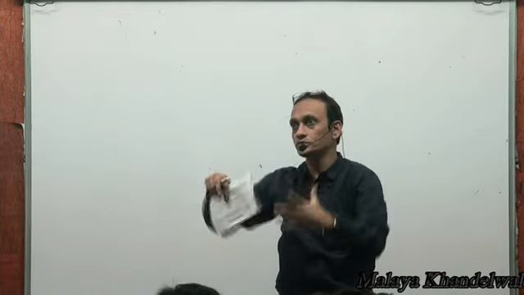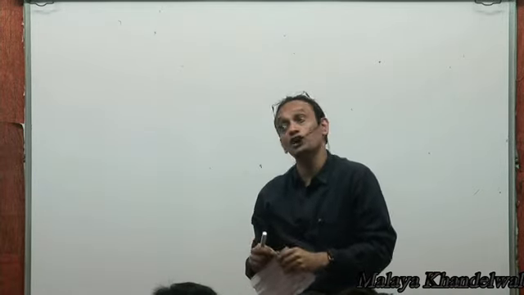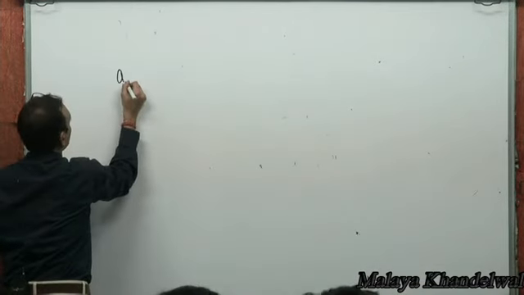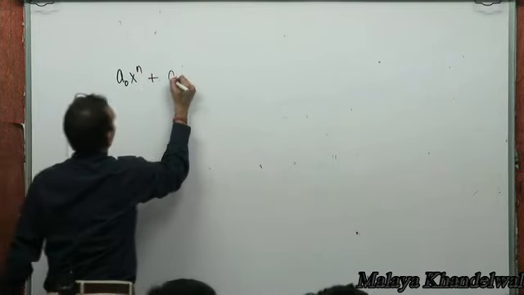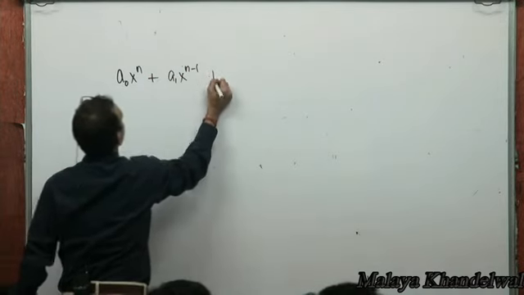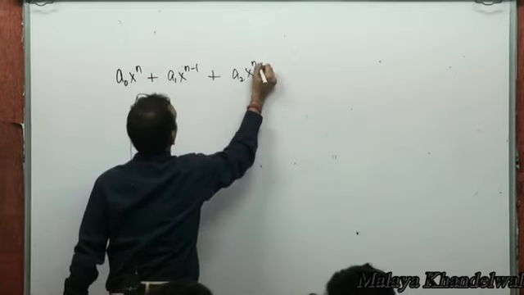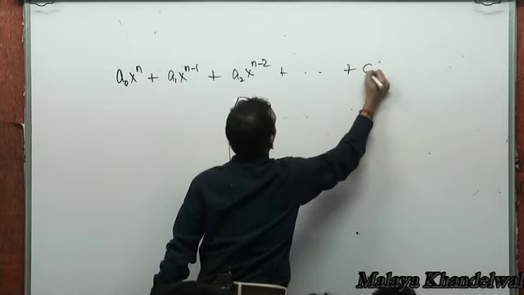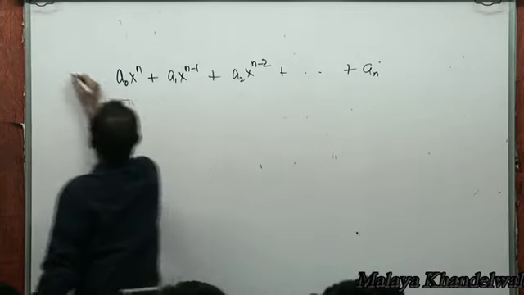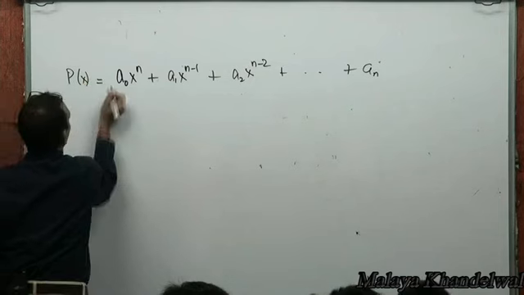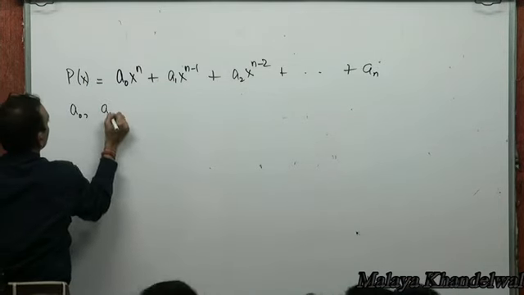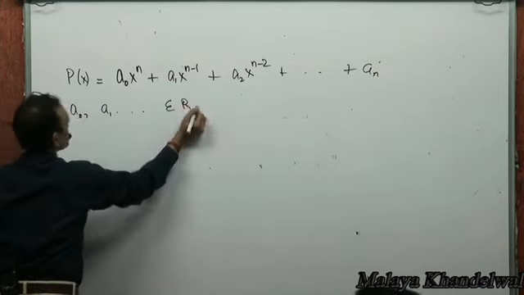Let me just tell you this. A polynomial of degree n whose coefficients are all real numbers, say a naught x power n plus a1 x power n minus 1 plus a2 x power n minus 2 plus an, where a naught, a1, etc. are all real numbers.